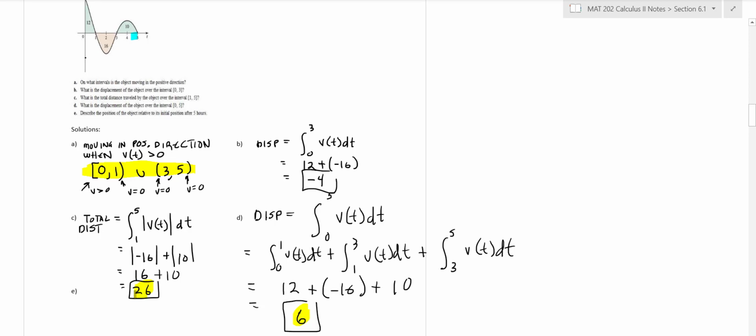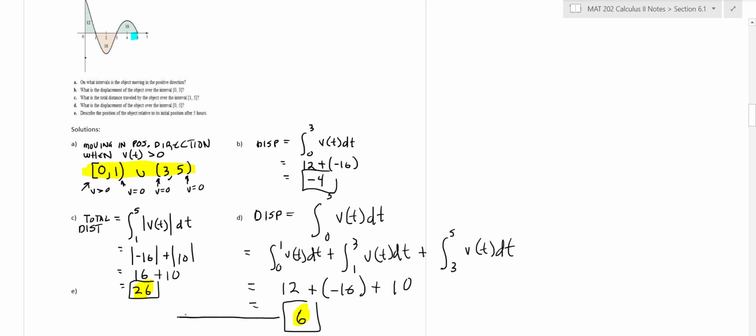So that's the idea. Okay, so next thing I'm going to do, on this part E, I actually just answered the question on this. It says describe the position of the object relative to its initial position. That's what we just did.